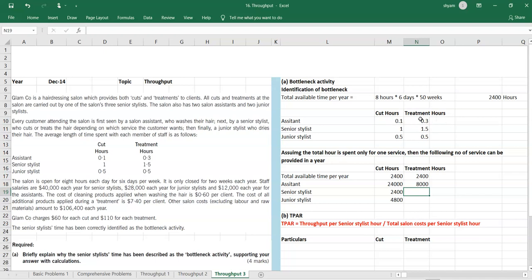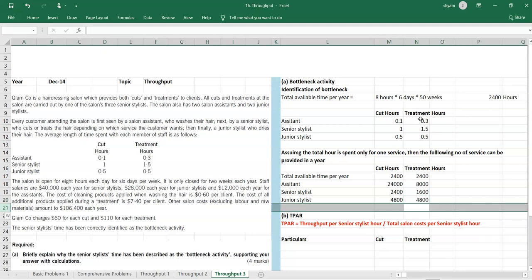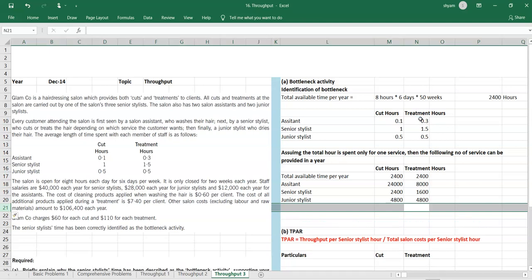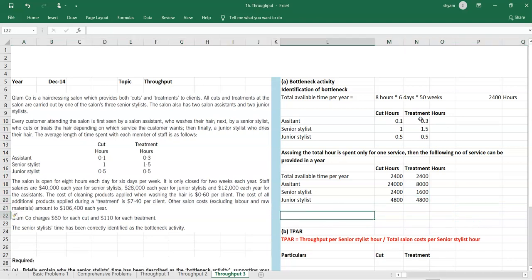So assistants can do 8000 treatments, senior 1600 treatments, and junior stylist 4,800. So we can put it like this: the staff who is doing the fewer number of services is the bottleneck.